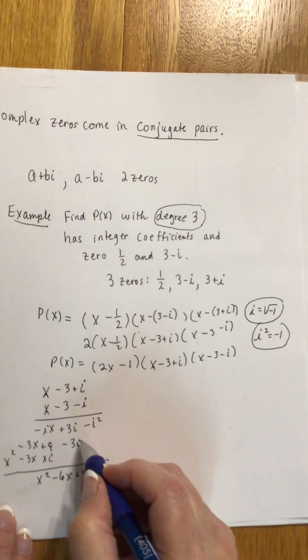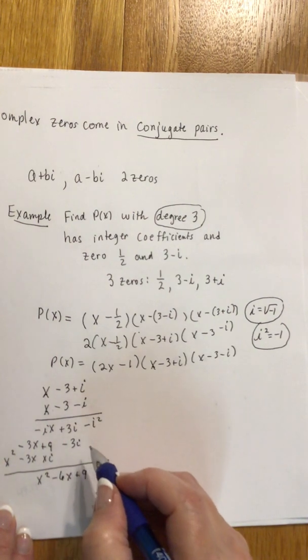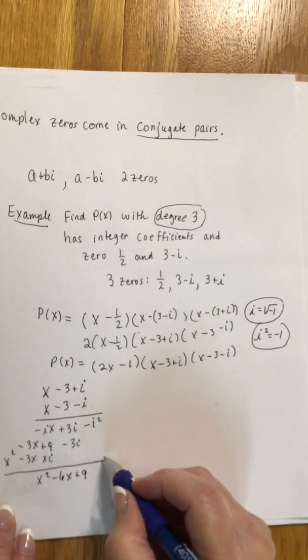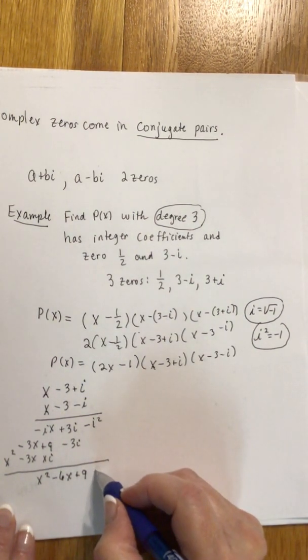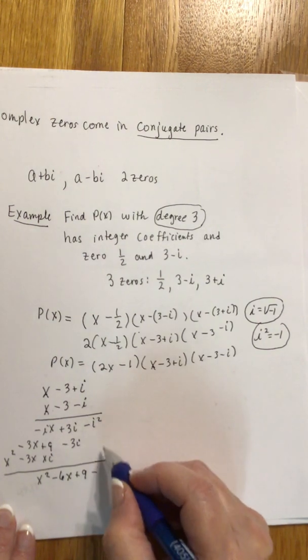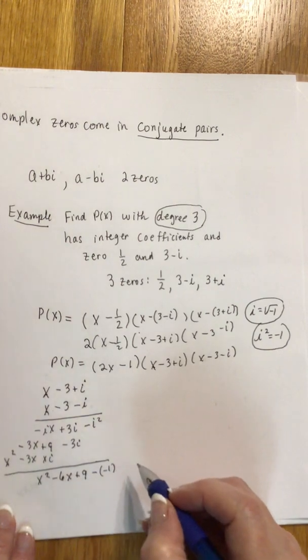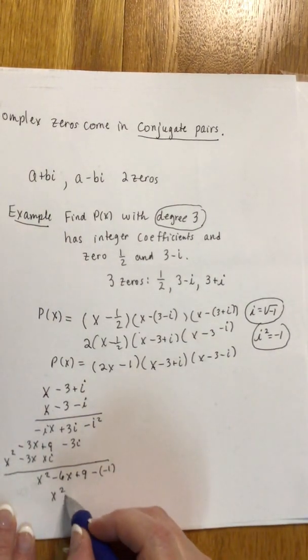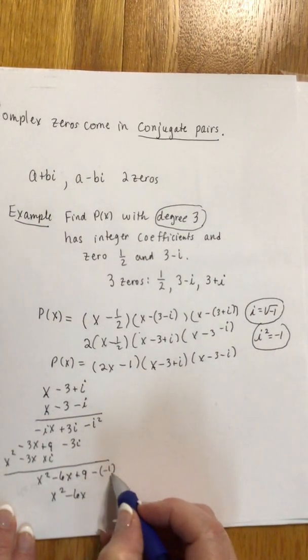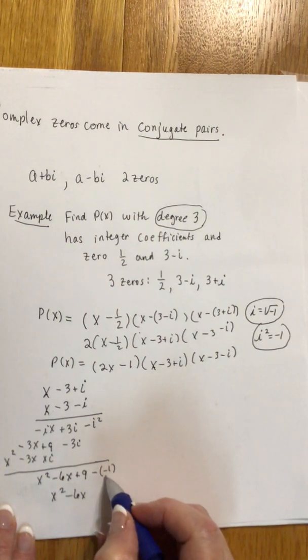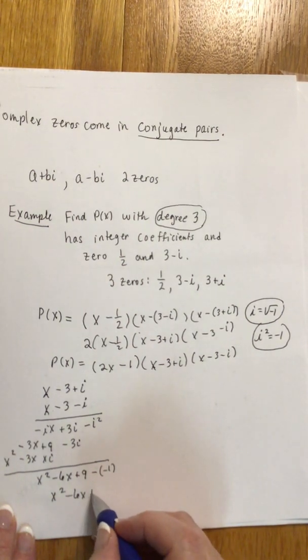You've got a negative 3i and a positive 3i, so they're going to cancel out. And then I'm bringing down my minus i squared. So i squared we said was a negative 1, so minus a negative 1. So that's going to give me x squared minus 6x. But this right here, negative times negative, is positive. 1 plus 9 gives me plus 10.